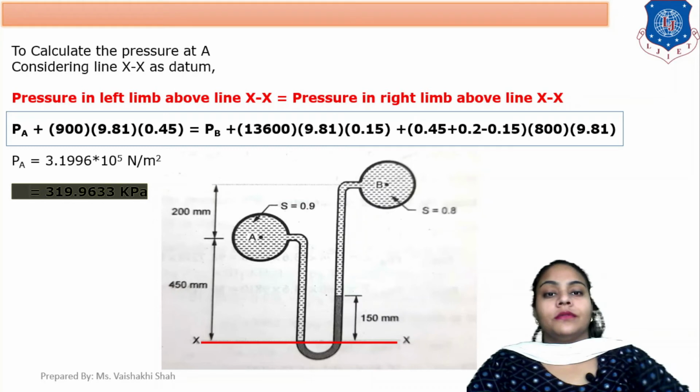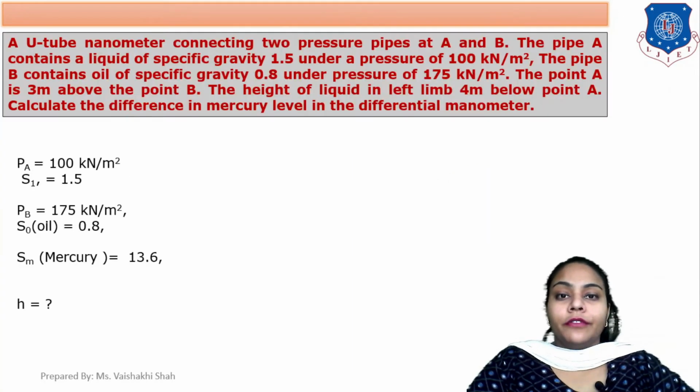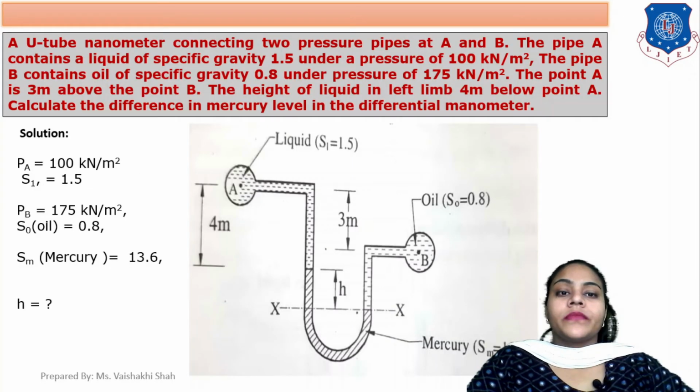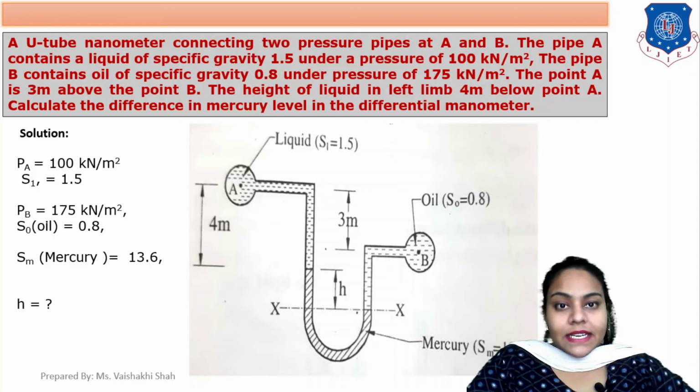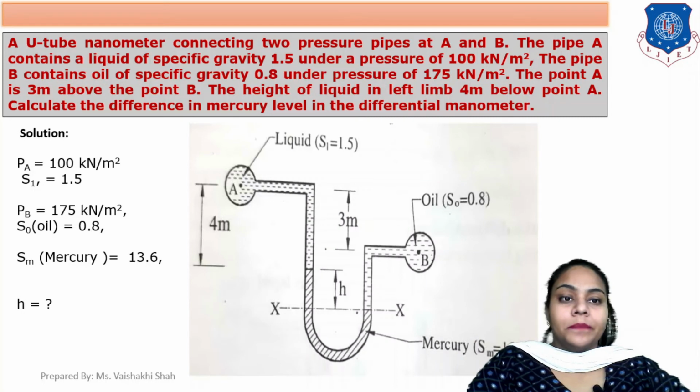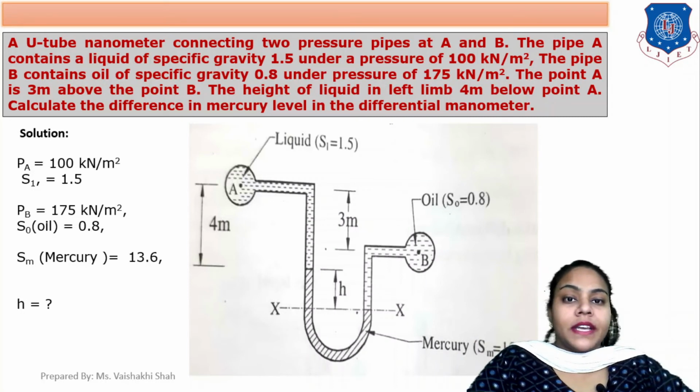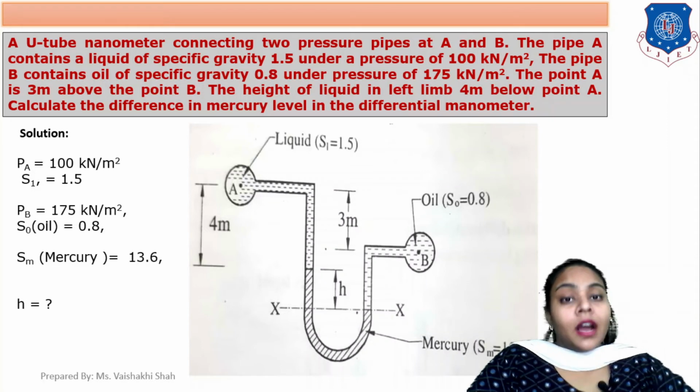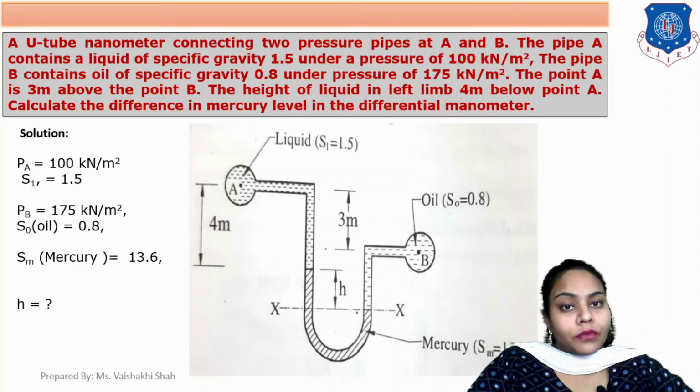Okay. Now moving forward to our next example. Here in this data, a U-tube manometer is given to you connecting two pressure pipes, pipe A and pipe B. Pipe A contains a liquid of specific gravity 1.5 under a pressure of 100 kilonewton per meter square.